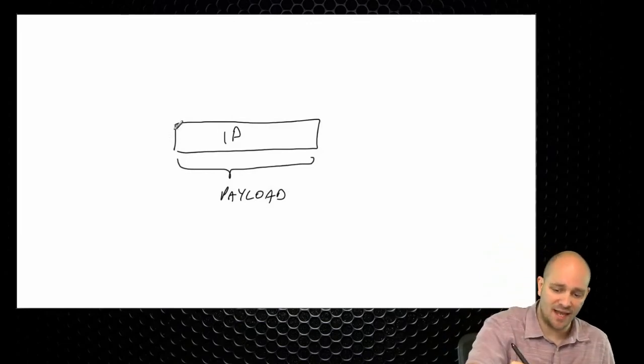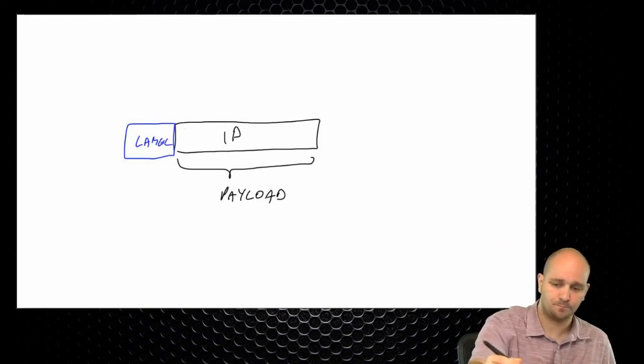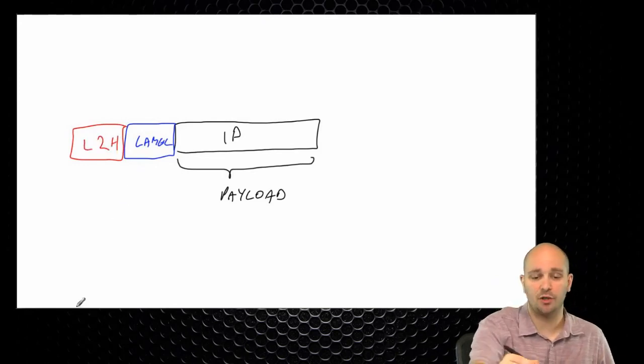So what happens then is here we are going to add the label, and here we are going to have the layer 2 headers, whatever layer 2 technology we are using.